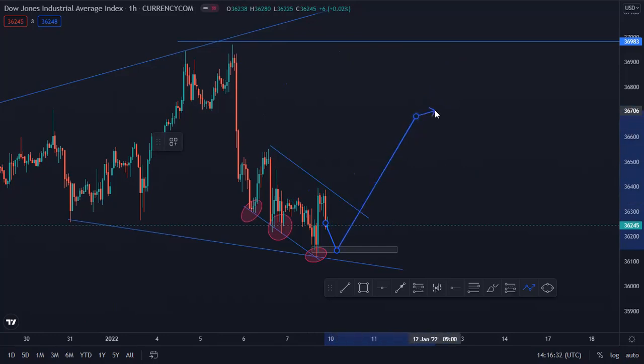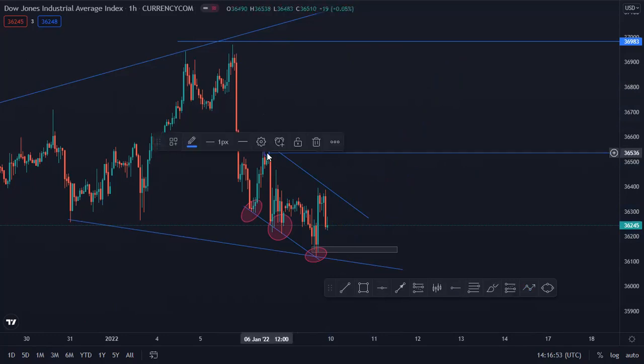After it breaks out, we're all about patterns, it might create a correction before continuing, to confirm this breakout and shoot up. This will be our first target, and then this will be our second target right here.